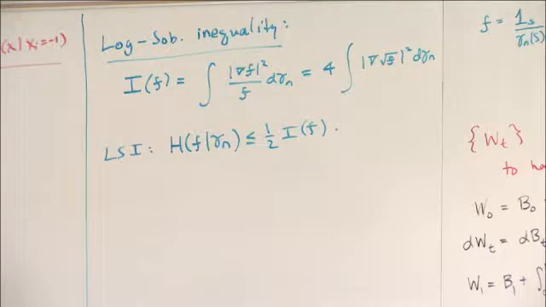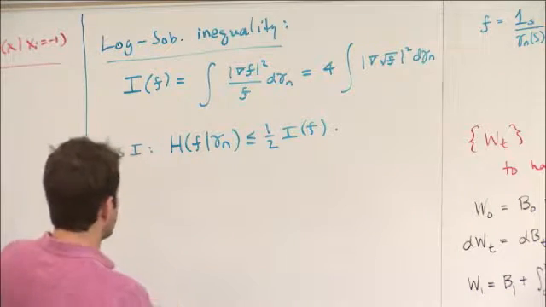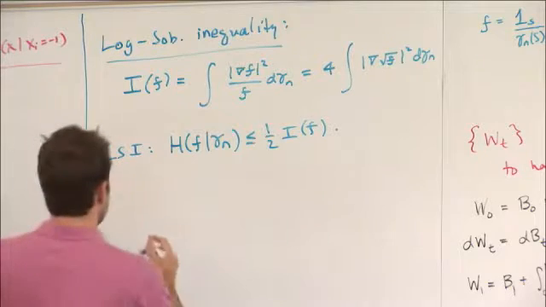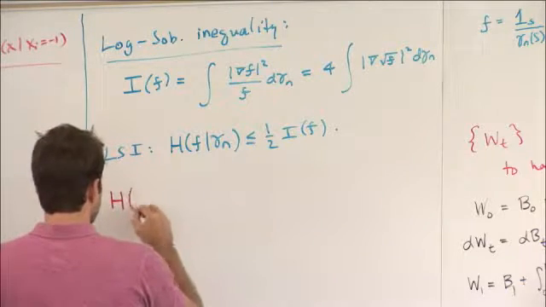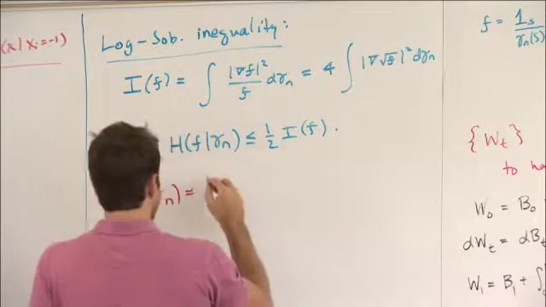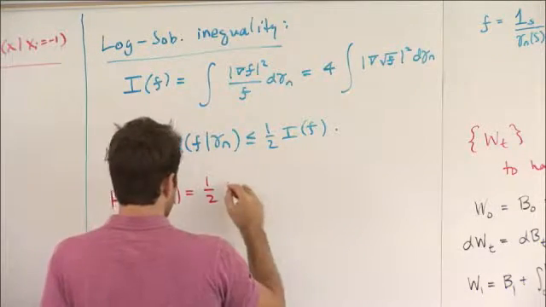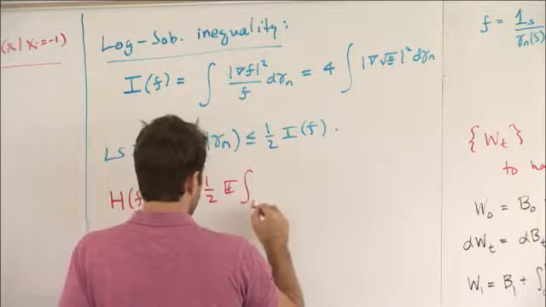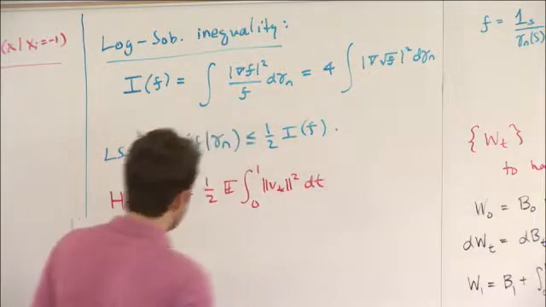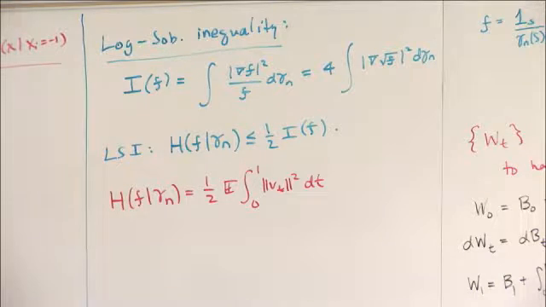Let's now, using this theorem, prove the log-Sobolev inequality, and it's completely effortless. The relative entropy is exactly half, now V_t is going to be the optimizer, half the integral from 0 to 1 of this thing. Now we use the fact that V_t is a martingale.